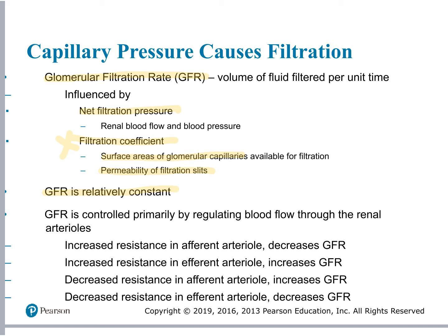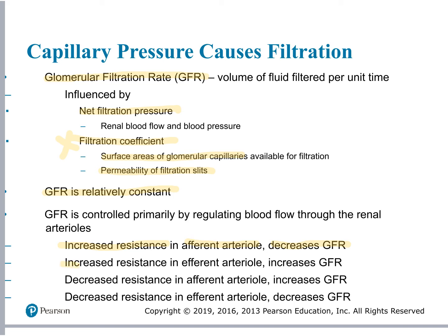So we're going to look at how we affect the blood flow through the glomerulus and how it affects the GFR. If we increase the resistance in the afferent arteriole, we're talking about vasoconstriction of the afferent arteriole, and it decreases the filtration rate. How does that make sense? It's because we're limiting how much blood enters the glomerulus. Less blood entering the glomerulus means less filtrate will be formed, so the filtration rate goes down.